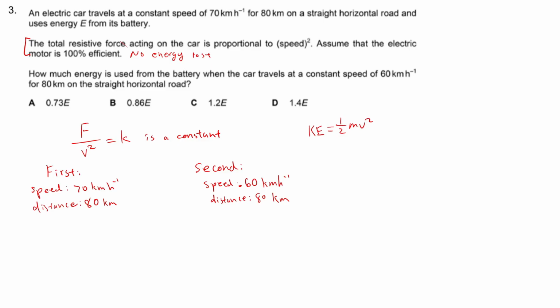If we look at this, we see that F over 4,900 is equal to K, so then F is equal to 4,900 K. If we do the same thing here, F over 3,600 is equal to K. This is F1, and this is F2. So 3,600 K is equal to force 2.